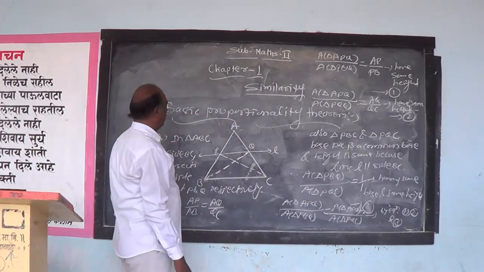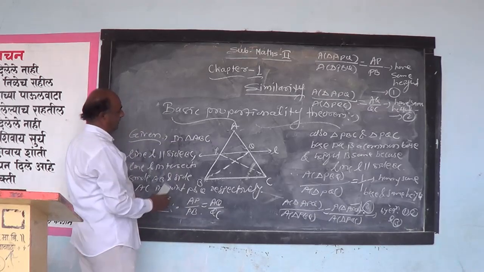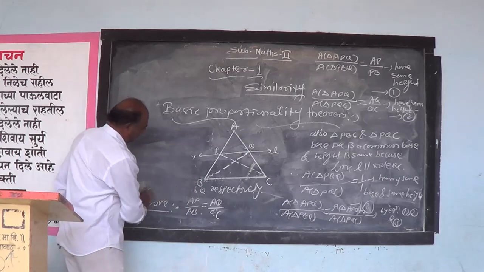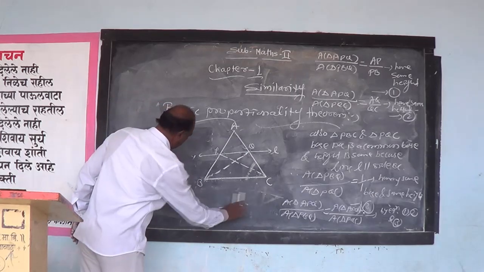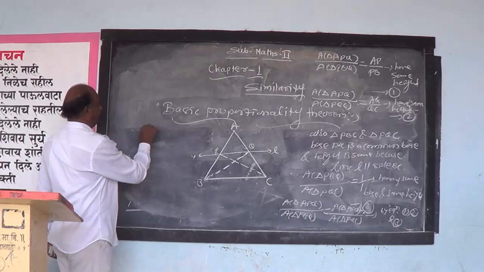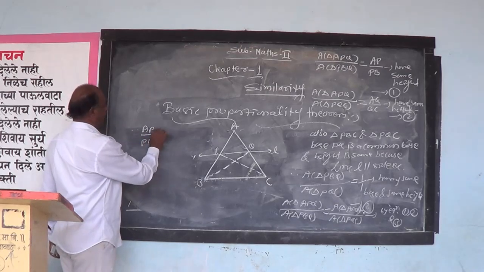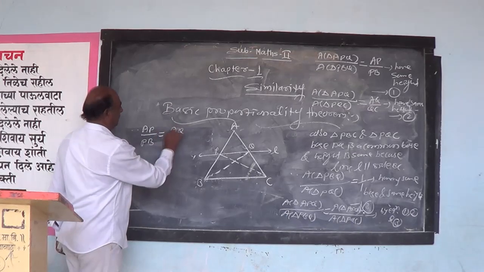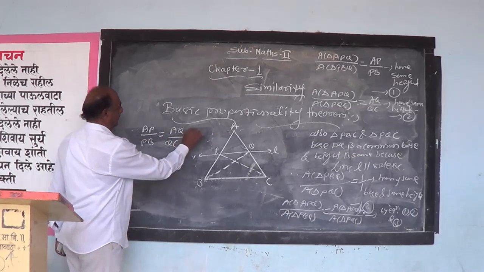And then lastly we get the new relation: therefore AP upon PB is equal to AQ upon QC.